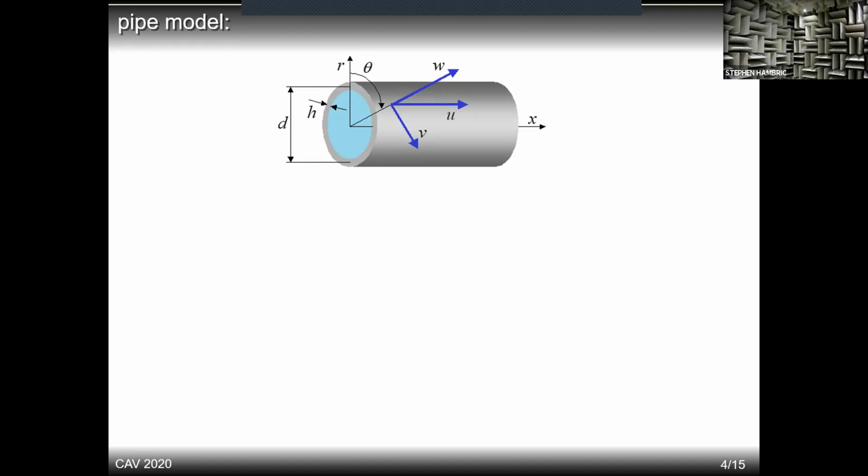And of course, it assumes that the wall motion contains all three orthogonal components: axial, tangential, and radial.